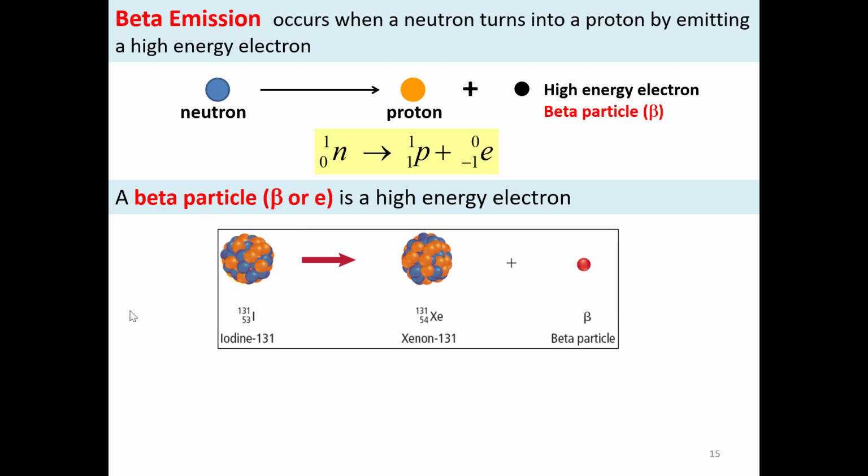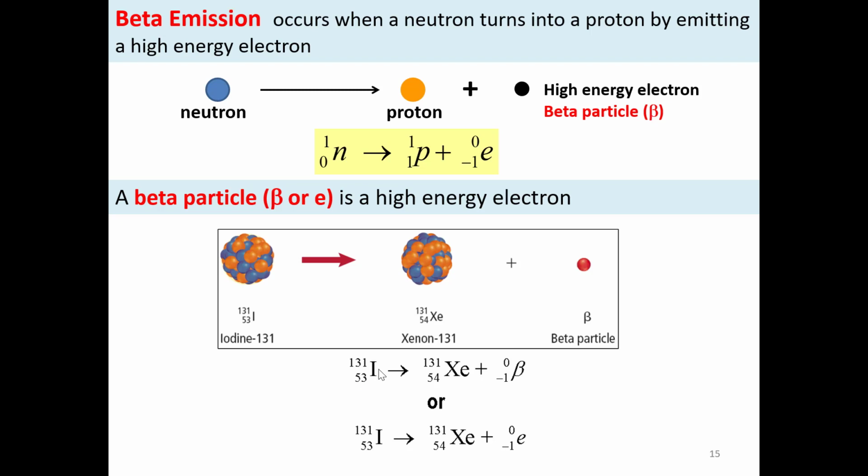In this picture we have an example of beta emission in the case of iodine. Iodine emits a beta particle, and 1 neutron is turned into a proton, and this is why iodine is converted into xenon. We can write the equation of the nuclear reaction in this way.